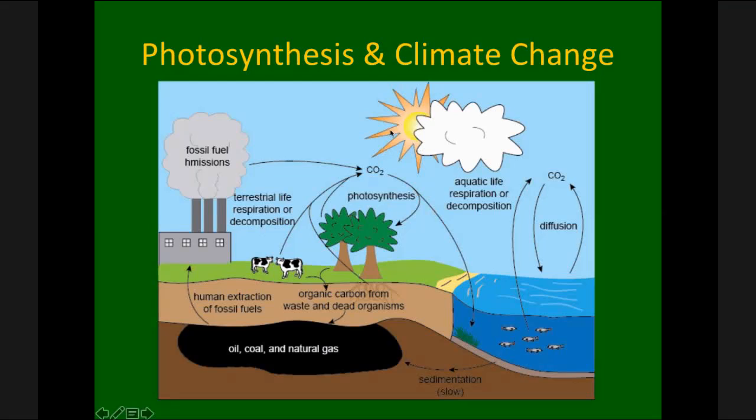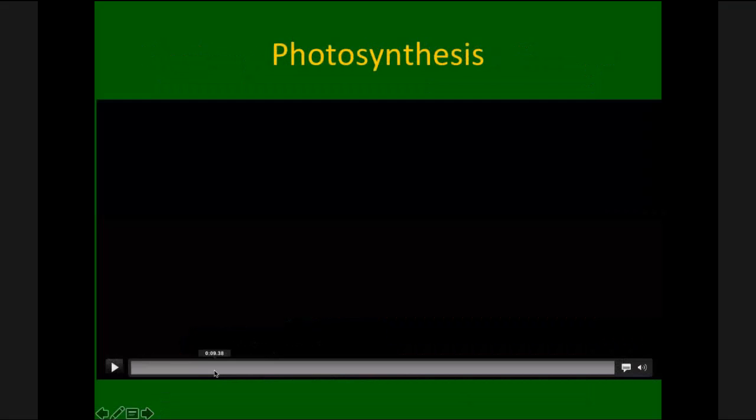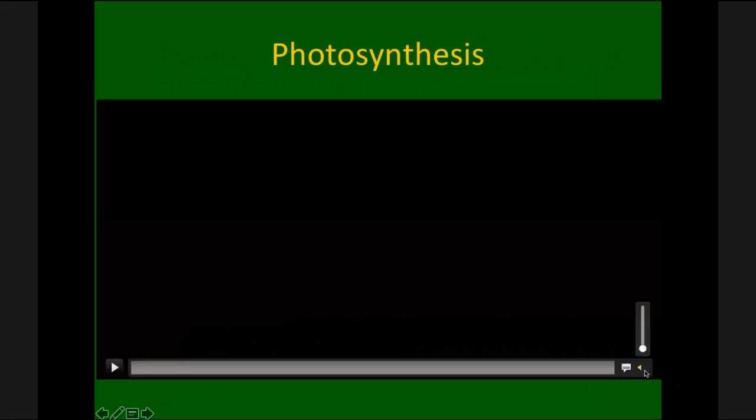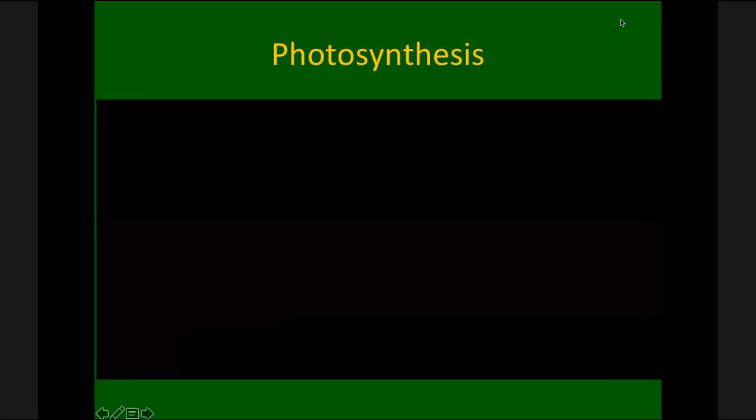And so as a consequence, we're disrupting the cycle of carbon dioxide that normally happens, right? The carbon dioxide that's being released by cellular respiration has always been balanced with the carbon dioxide that's getting pulled out of the atmosphere for photosynthesis. And so photosynthesis is oftentimes used as a potential mitigation for climate change.